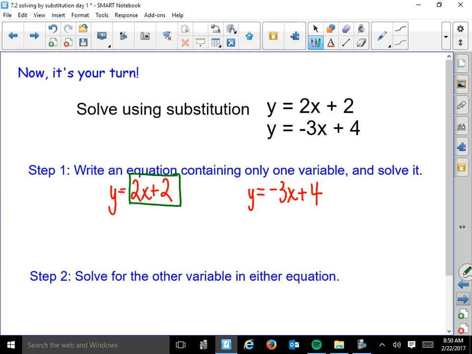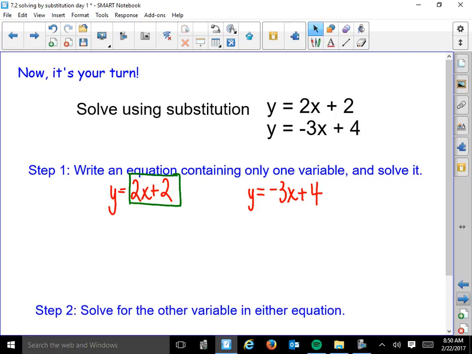I'm just going to choose the first one, and I am going to place a box around 2x plus 2 because I know that it's equivalent to y. Then I'm going to move to the other equation and substitute in for y the expression 2x plus 2.